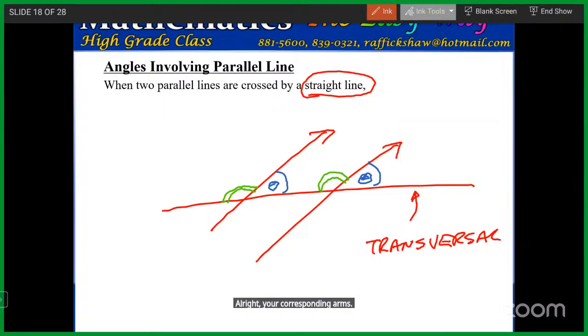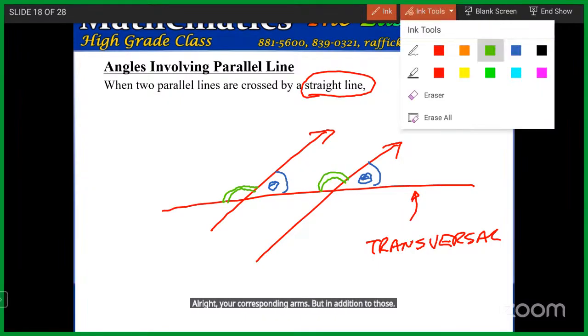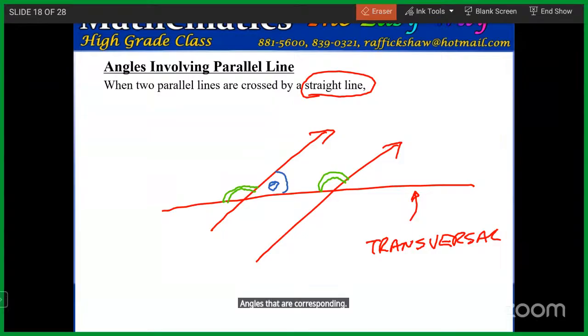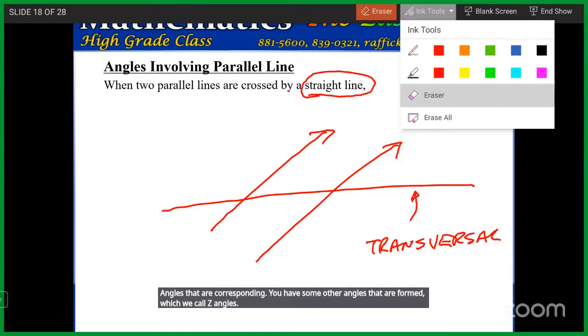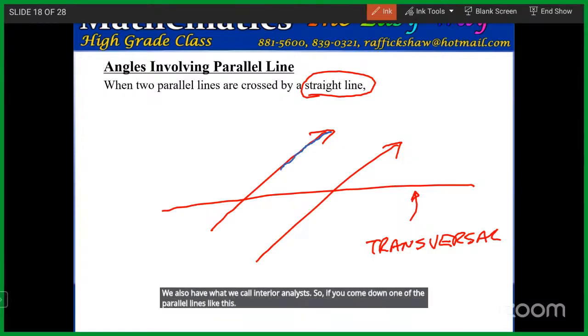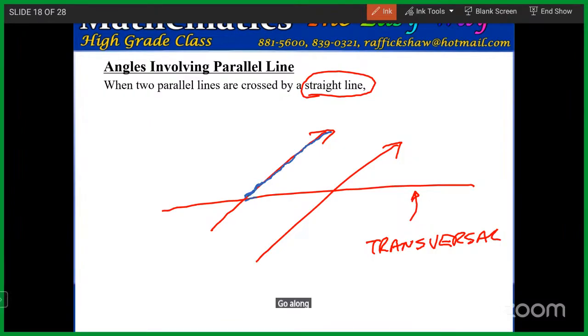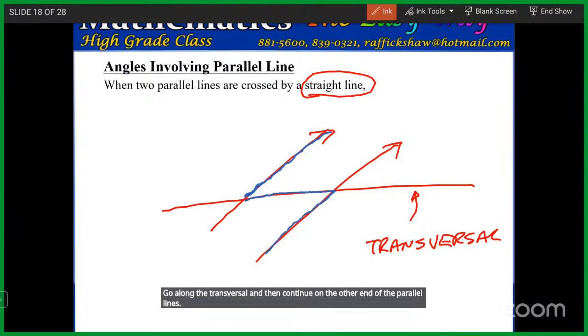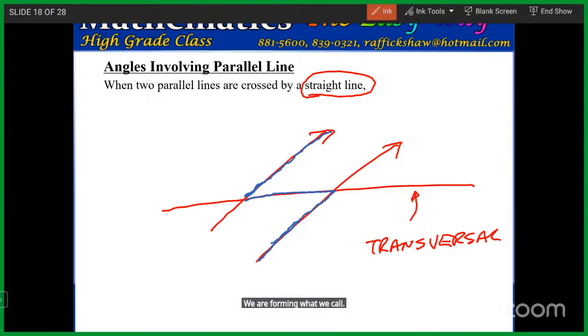In addition to the corresponding angles, we have some other angles that are formed, which we call Z angles. And we also have what we call co-interior angles. If you come down one of the parallel lines like this, go along the transversal, and then continue down the other parallel line, we are forming what we call Z angles, or alternate angles.